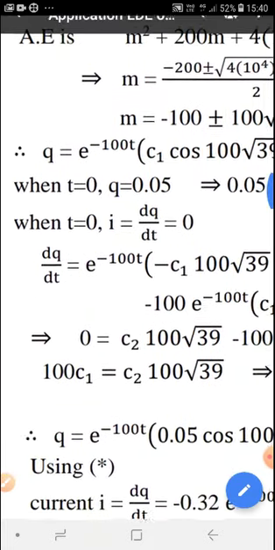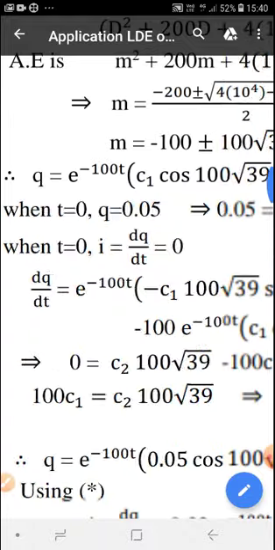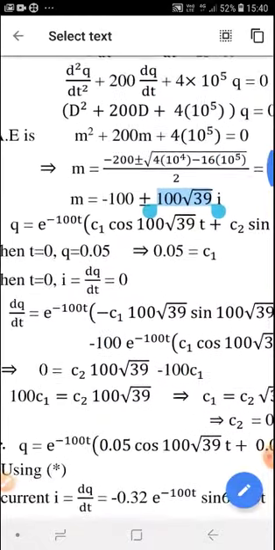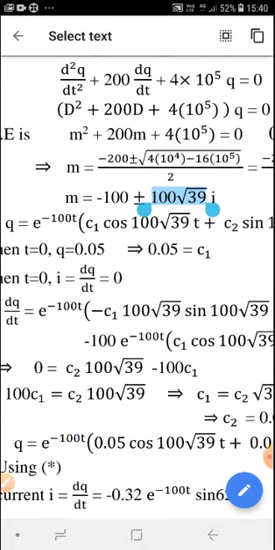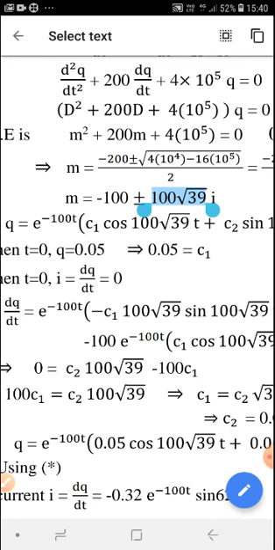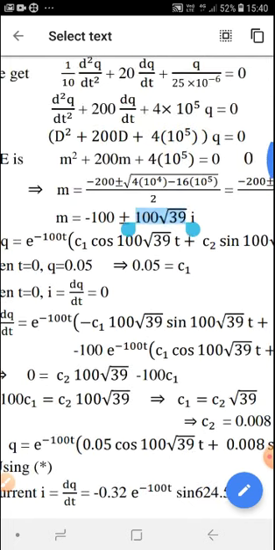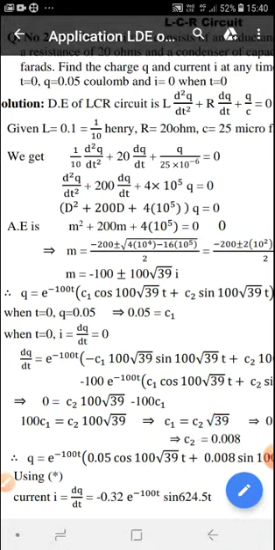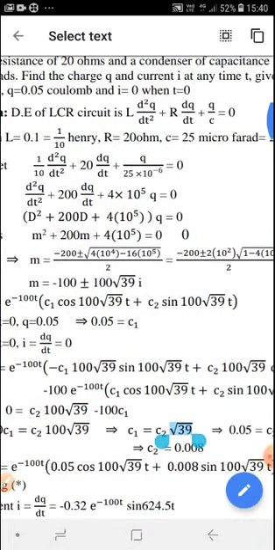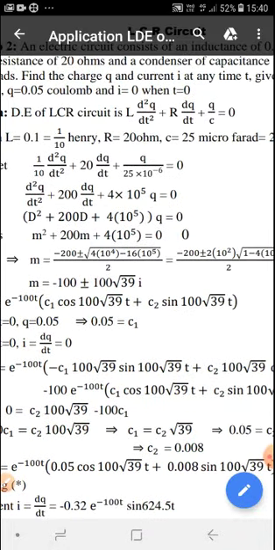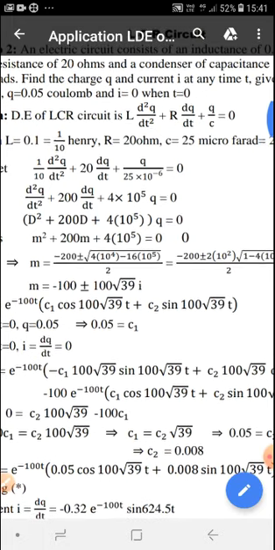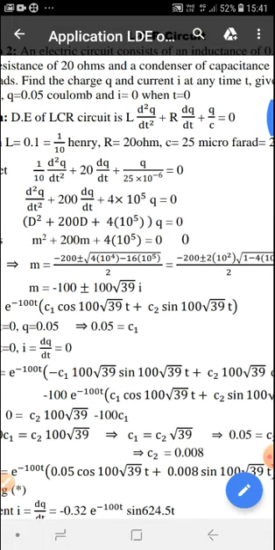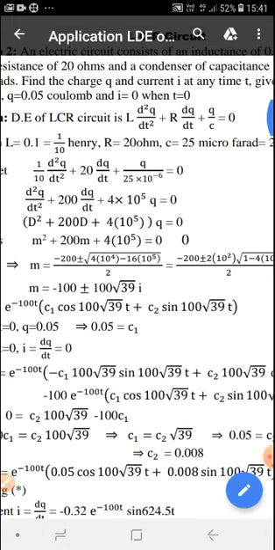So Q, which is nothing but the solution of that differential equation, will be equal to e power minus 100t into (C1 cos 100 root 39 t plus C2 sin 100 root 39 t).